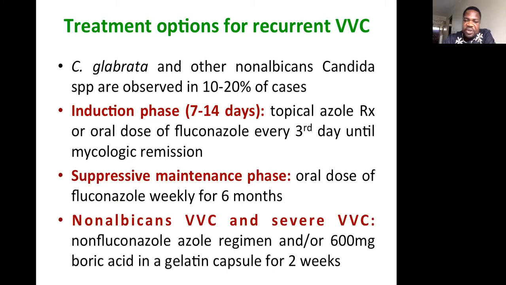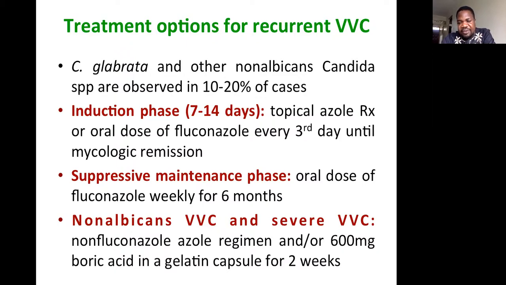Then you put the patient on a suppressive maintenance phase, that is oral fluconazole weekly for 6 months. Every week for 6 months. That's what we call the suppressive maintenance phase.